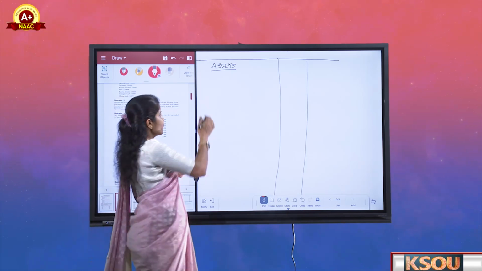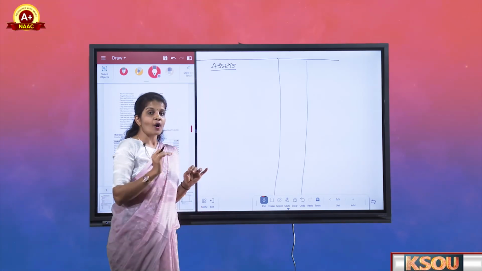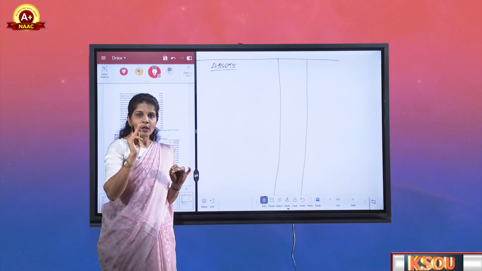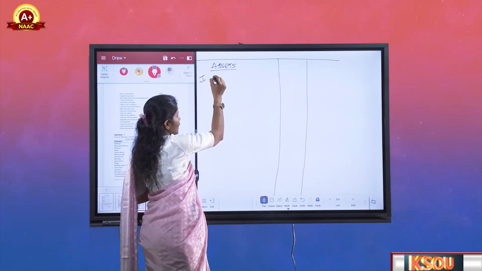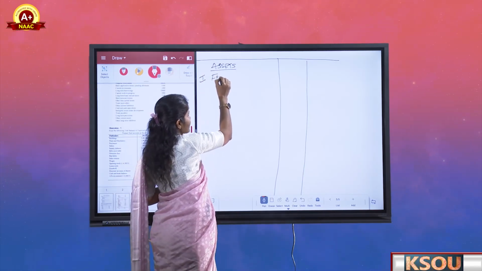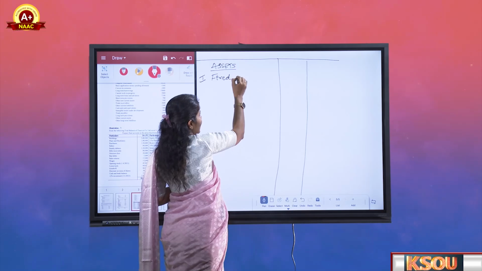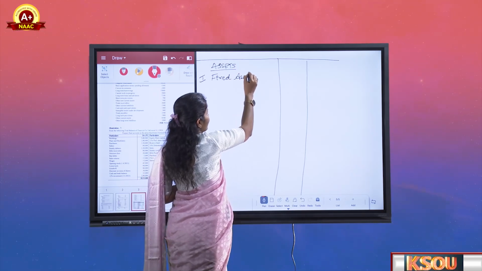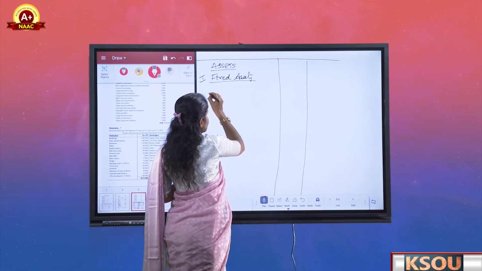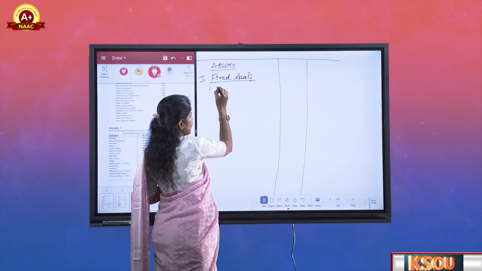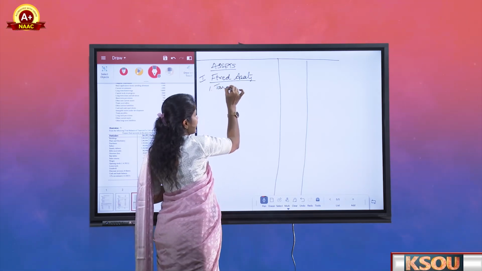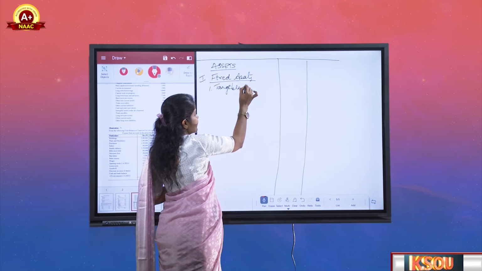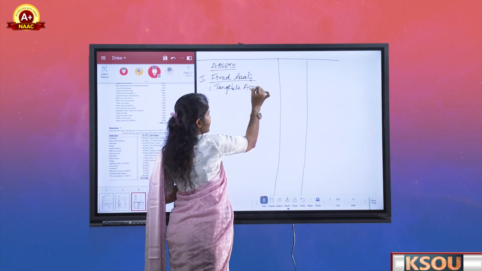Under assets, as I mentioned, the order of permanence applies, so long-term assets will be taken first. The first schedule is long-term assets, which can also be called fixed assets. What does fixed assets include? Under fixed assets, we have fixed tangible assets and fixed intangible assets.